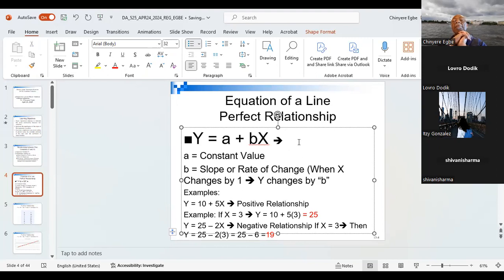That is the standard linear model, okay? That is to say, Y, the dependent variable, is equal to A, a constant value, plus B times X. And so B is the rate of change, or the slope of the equation, and A is the constant value.